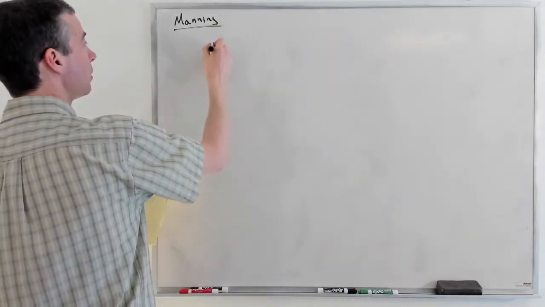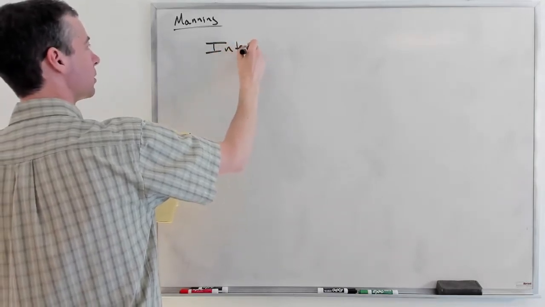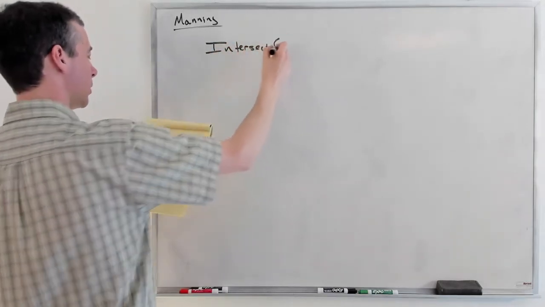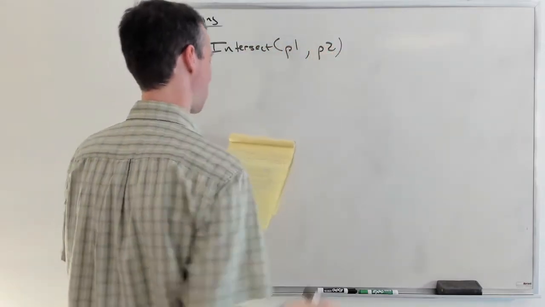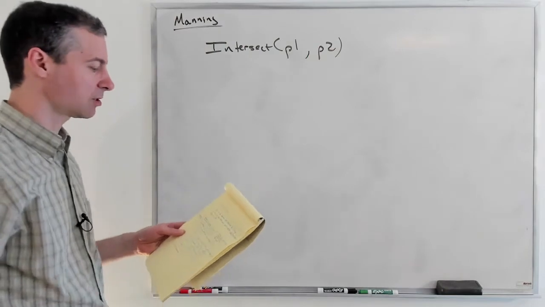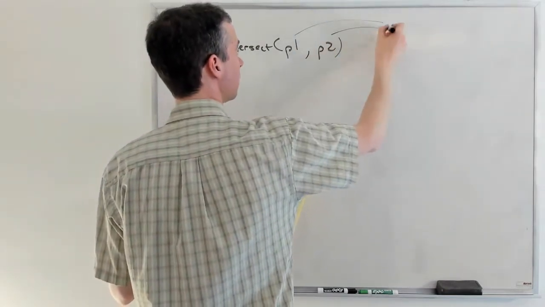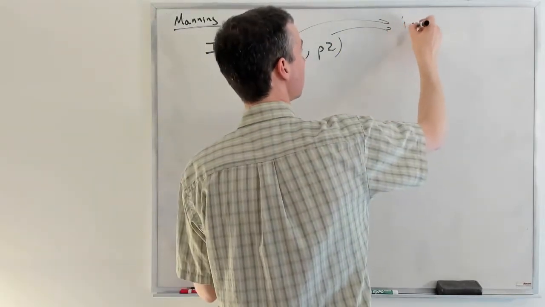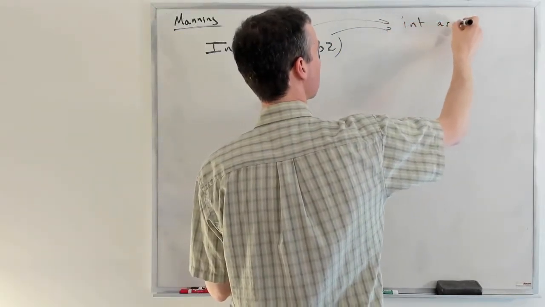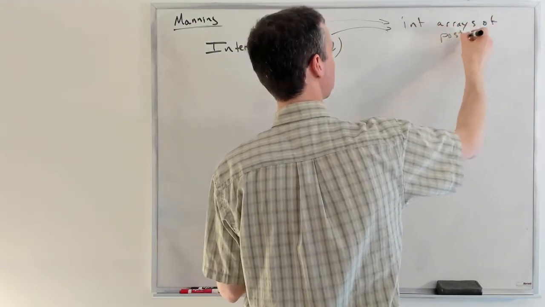So in Manning, they provide an algorithm to do an intersect between two lists, P1 and P2. Let's just say I'm going to pass in, and maybe I've modified this, I actually can't remember, arrays of postings.